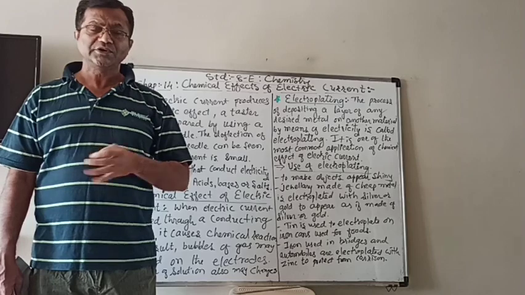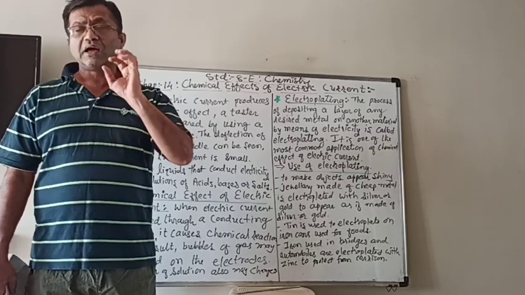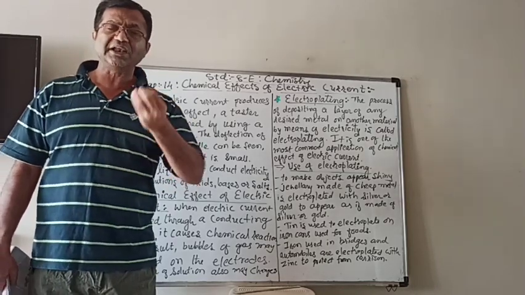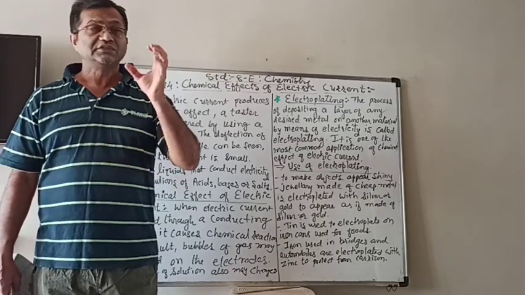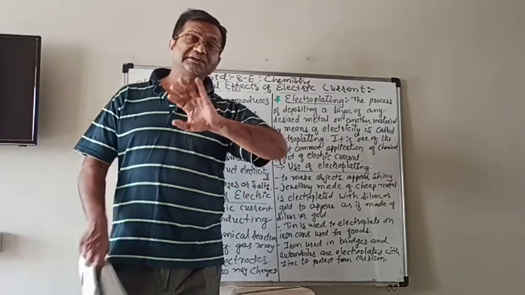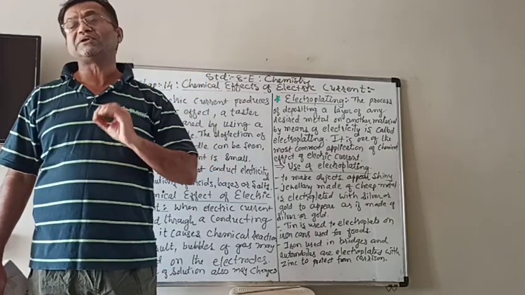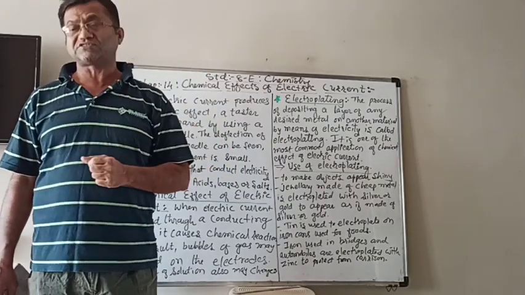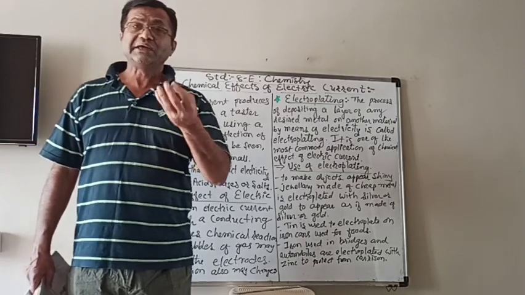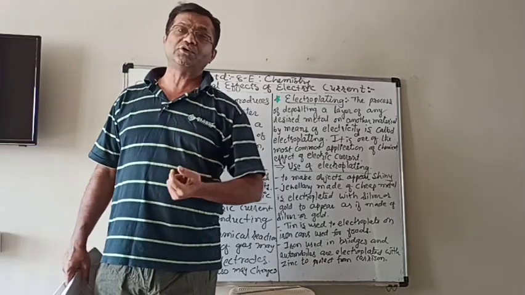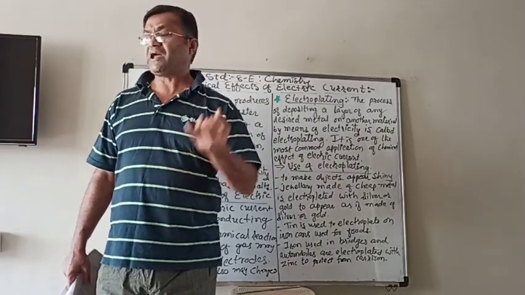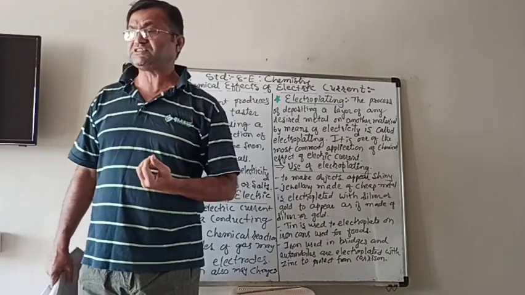Here, due to passing electricity through it, the water gets separated into its constituent elements, hydrogen and oxygen. It means that bubbles of gases are produced. Those gases are hydrogen and oxygen.